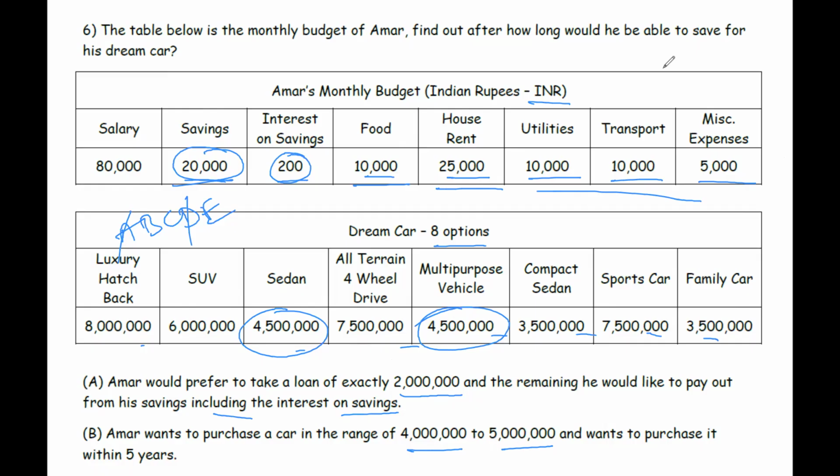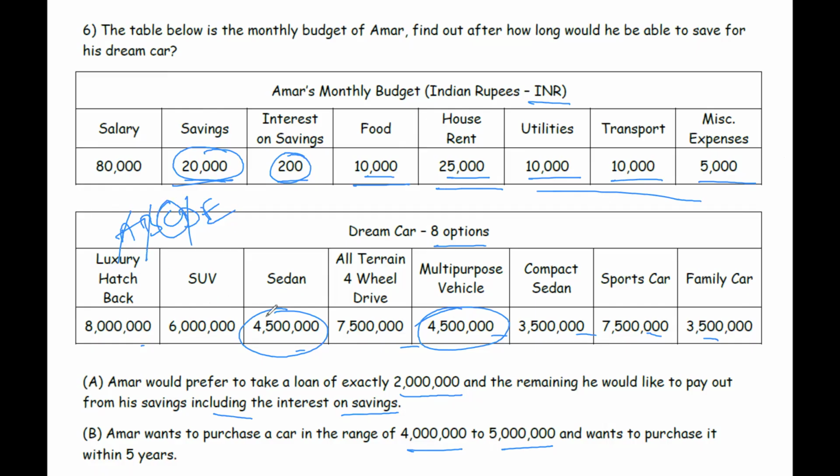And secondly, we don't know what strategy he's using, whether he's taking a loan or not. But the main point is whether he's using his savings component only, or his interest on savings as well. So B doesn't answer.